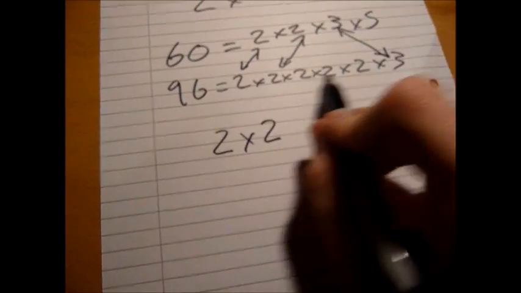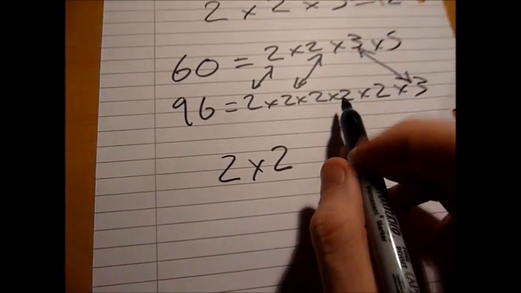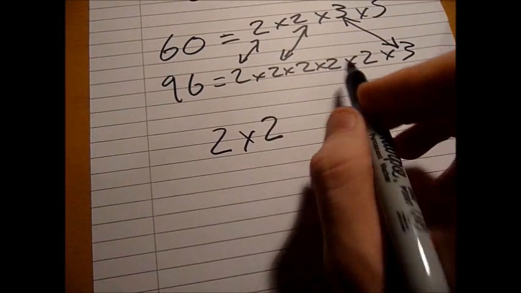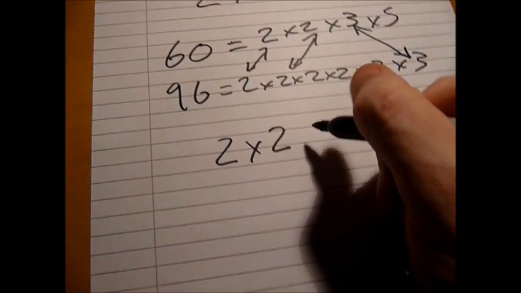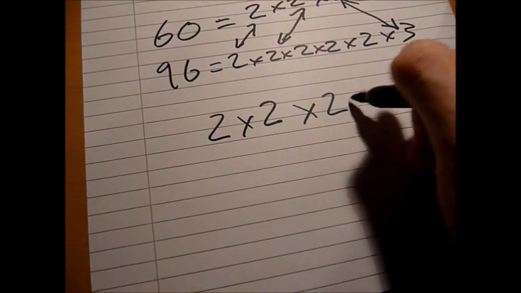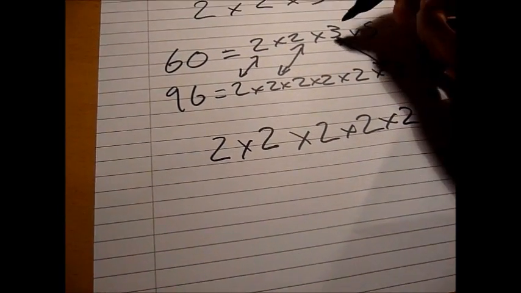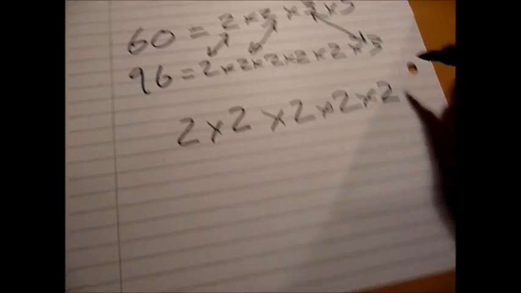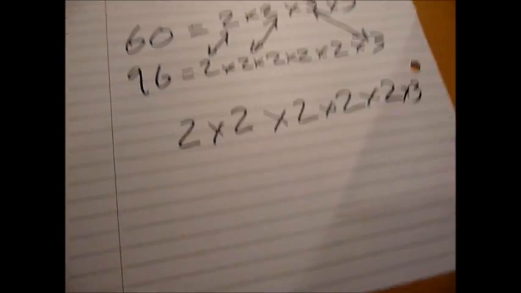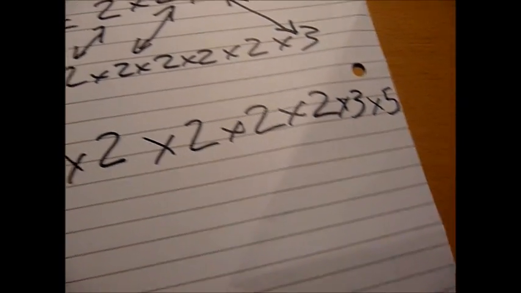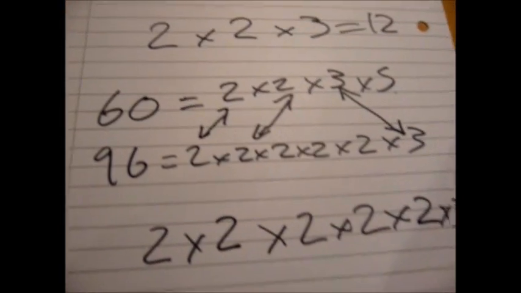Then even though there aren't any numbers in common with these other three 2's, you would still write times 2 times 2 times 2 because there are three 2's. Because there are two 3's in common, you would only write times 3 once, and because there's one 5, you would write 5 once. I think that's pretty clear.